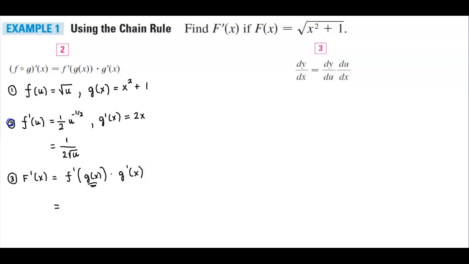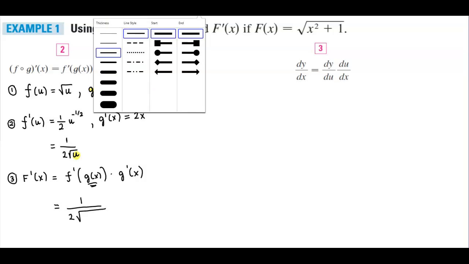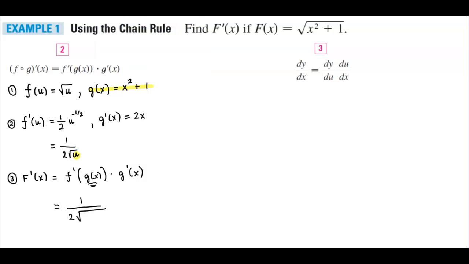So that means that we have 1 over 2 times the square root of what g of x is. Well, let's take a look at what g of x is. g of x represents x squared plus 1. So we're going to replace this u now to be x squared plus 1.